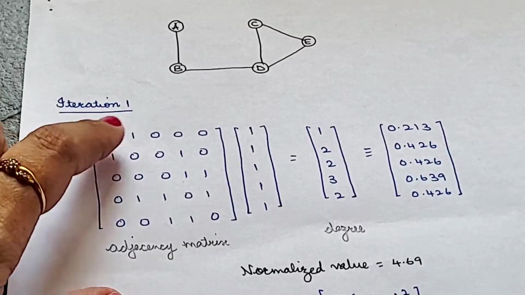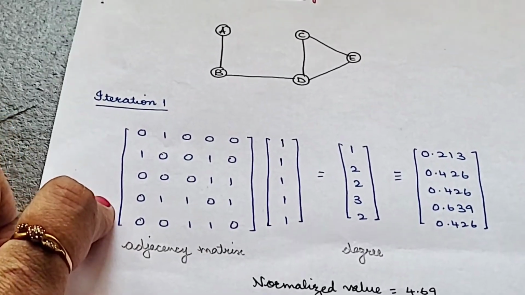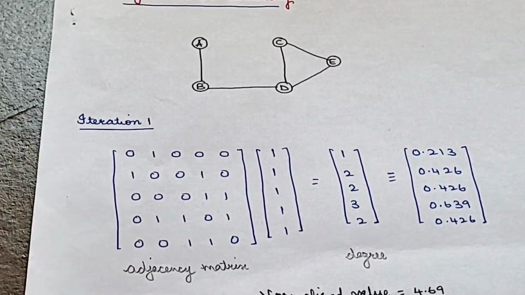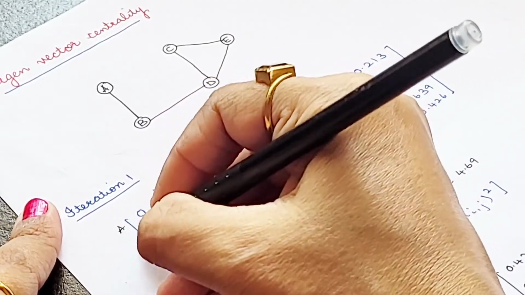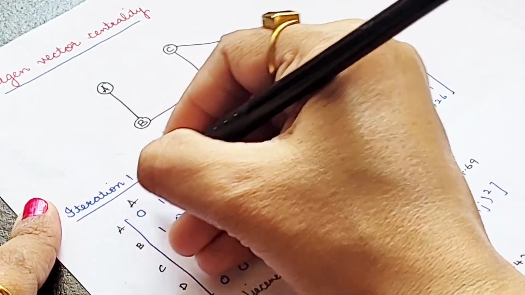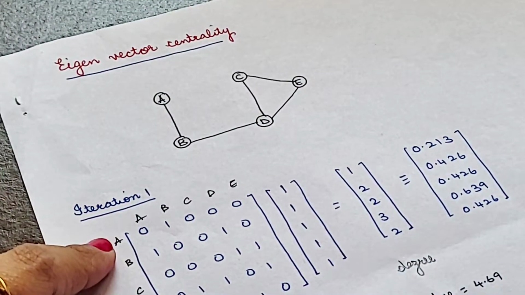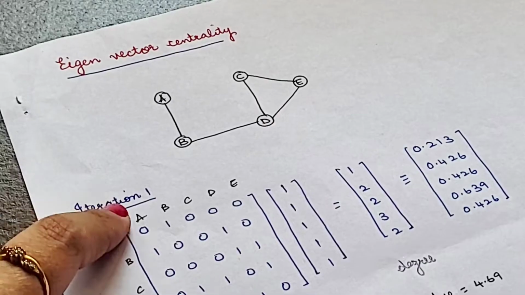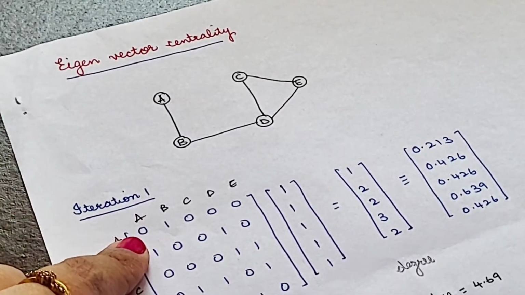These are the nodes A, B, C, D, E horizontally as well as vertically, and check out how to find out the adjacency matrix over here. Now find out firstly whether you have an edge from A to A. No, we do not have any edge, so the value assigned is 0.